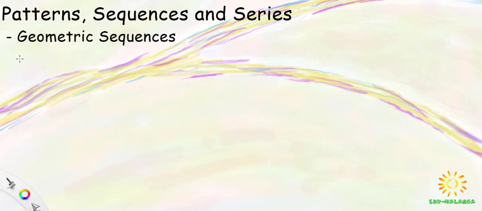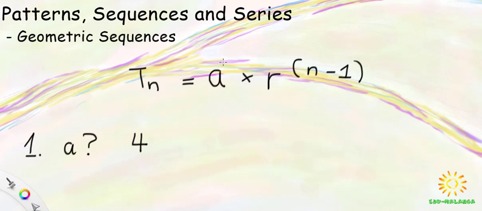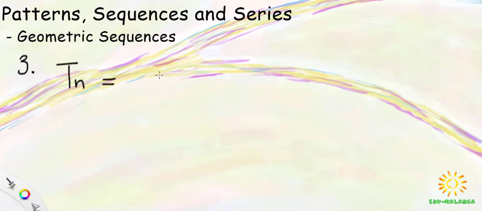The third question we'll answer for this sequence then is, what is the general term? Now that we have determined what A is and what R is for the sequence, we're simply going to use this expression as it is and substitute in. So let's rewrite it. Tn is equal to A times R to the power of n minus 1.